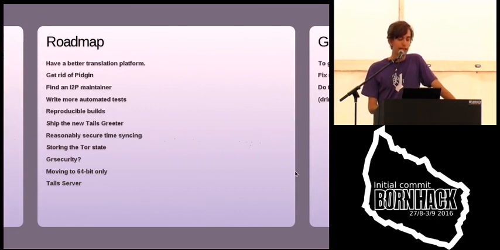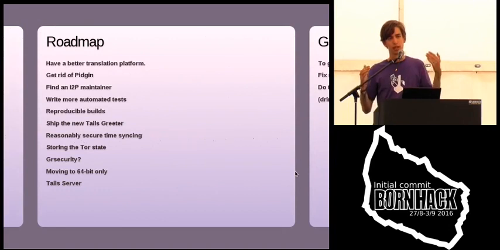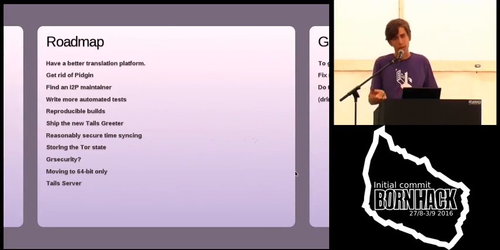Another one is time syncing. If you are amnesiac, that's a tough problem because we rely on the computer knowing the time, and we are all in UTC. If the clock is too far off between you and the Tor guard that you want to connect to, you have a problem because you won't be able to connect. So we want to invent a better way to do this.